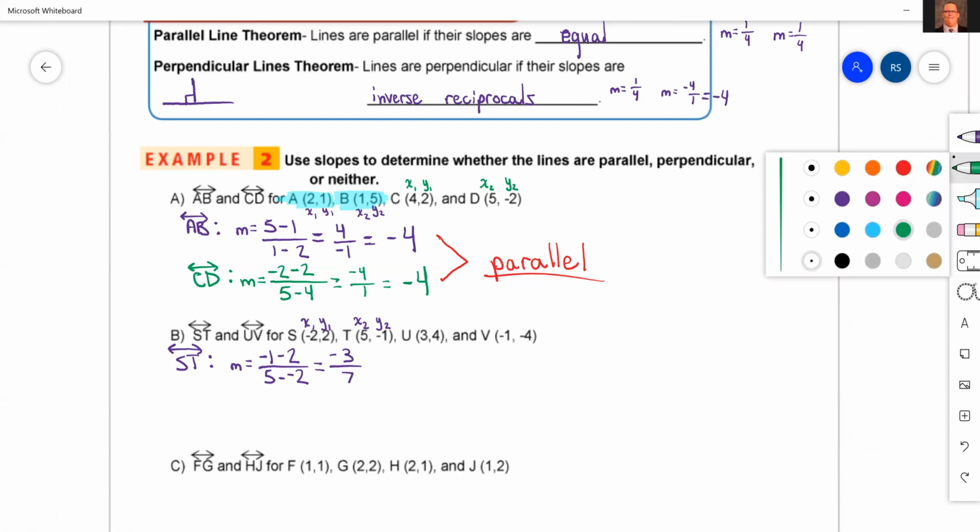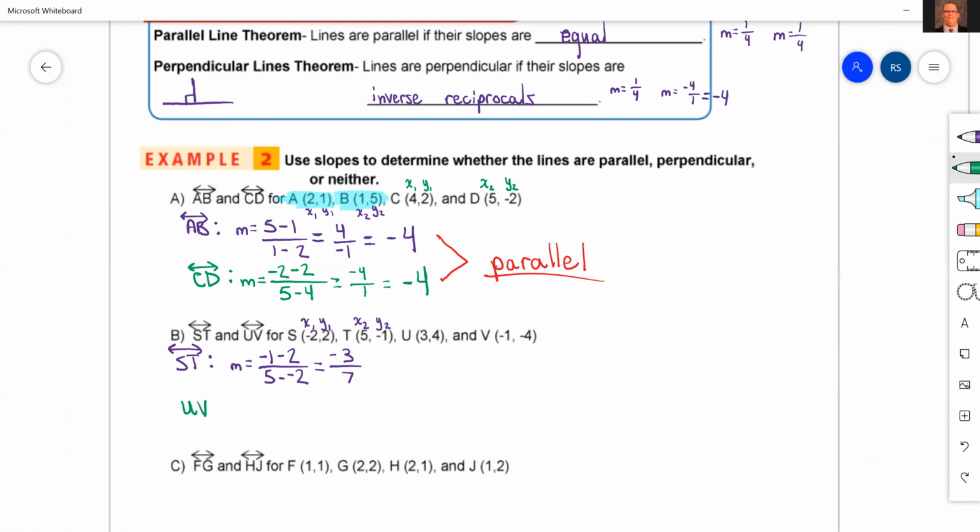Now let's get UV. So we're going to have x1, y1, x2, y2.